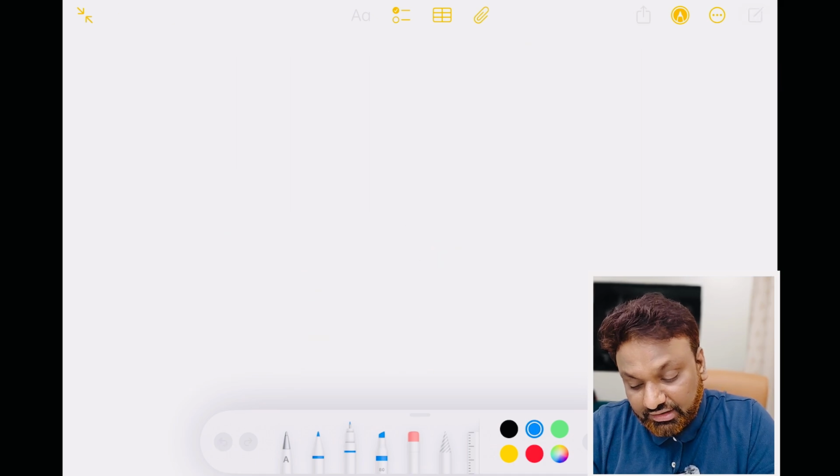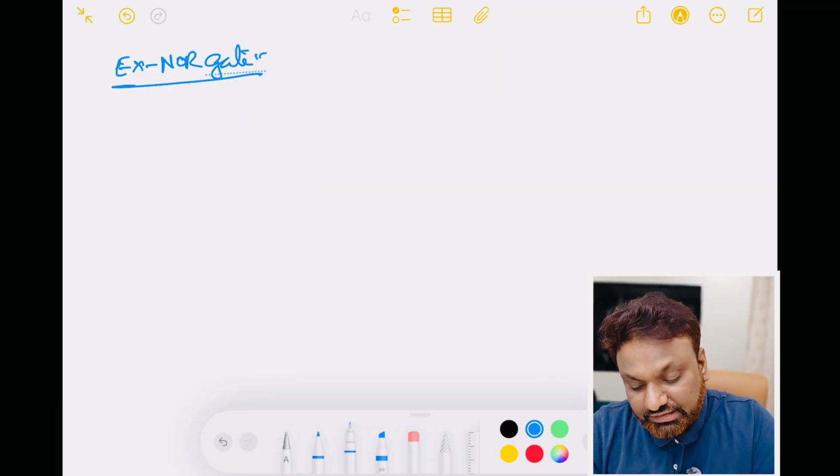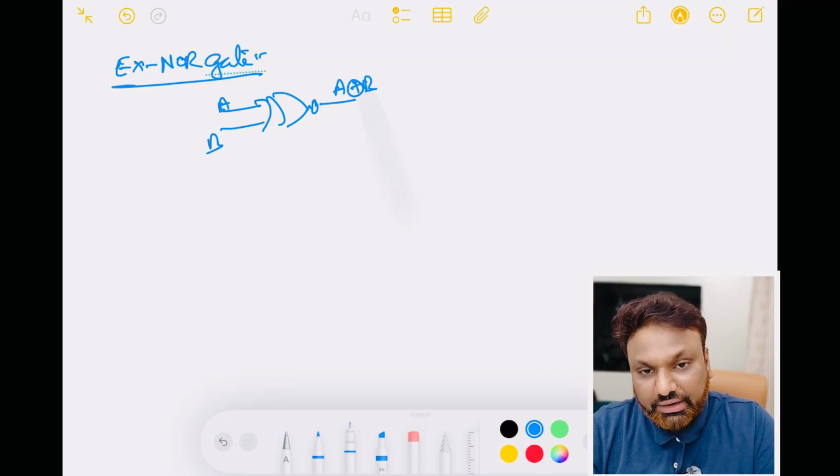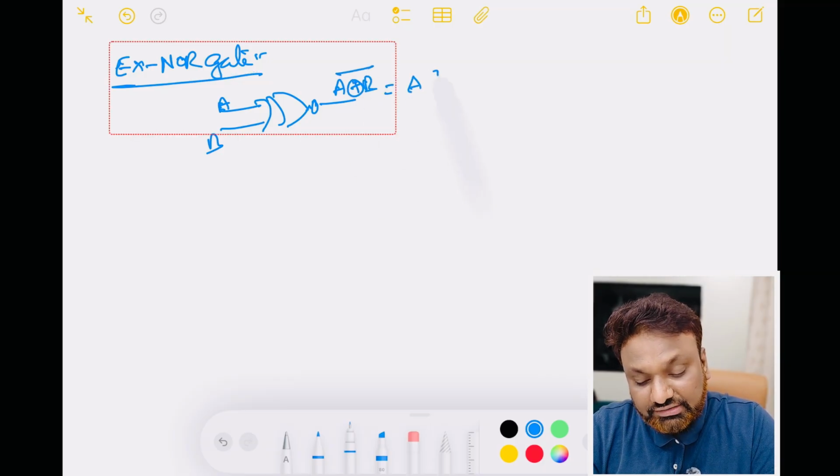Similarly, I can have the exclusive NOR gate. Okay, what is the exclusive NOR gate? XOR gate plus inverter, right? So if I have A B here, this is (A XOR B) whole bar. The (A XOR B) whole bar can also be written as A XNOR B, with a circle and a dot in it.